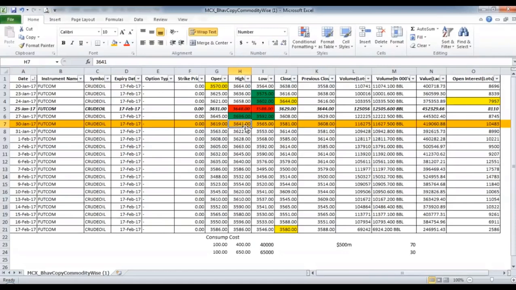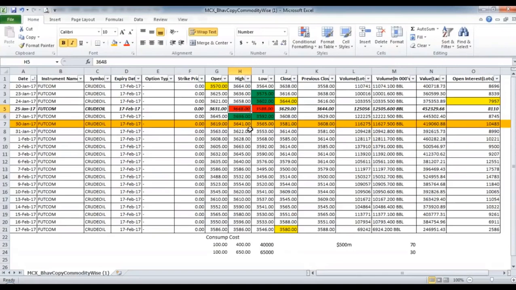This is 3641 when the trend is also confirmed, all right? And let's see, this is where the resistance is, right? 3648, correct? Yes or no? Yes, sir.